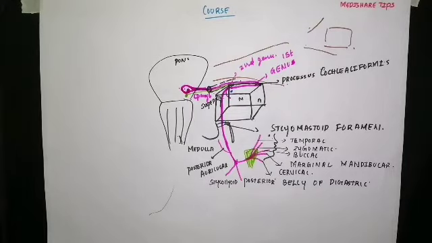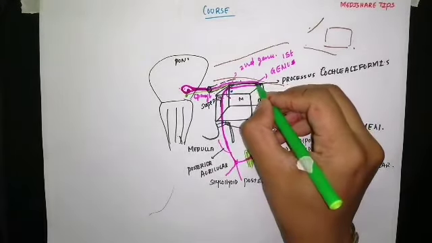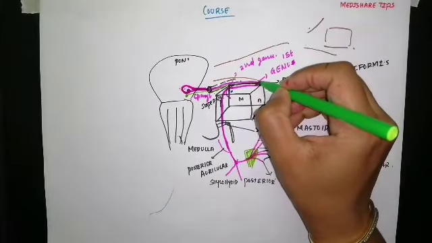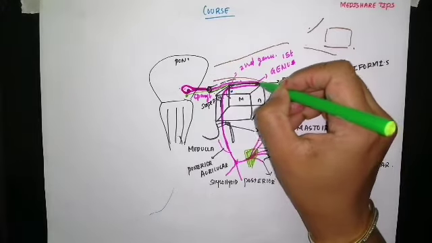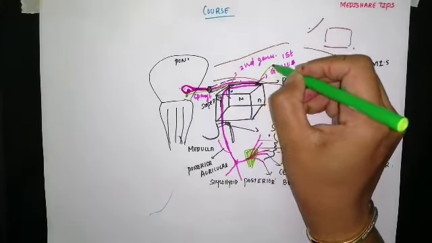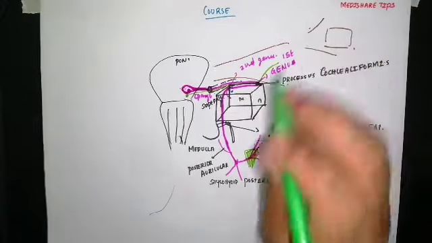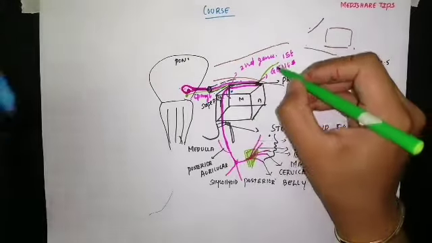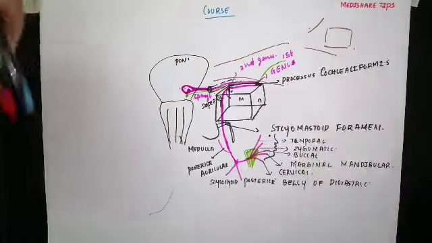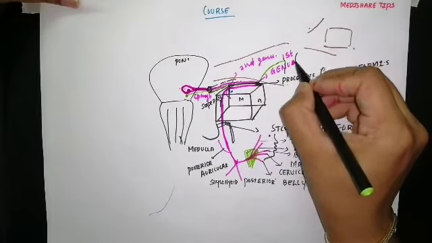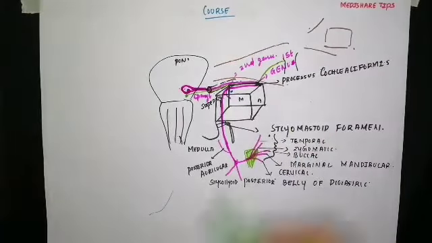One is the lacrimal gland. So the parasympathetic fibers supplying the lacrimal gland give out a branch near the first genu, which is known as the greater superficial petrosal nerve. So this is the greater superficial petrosal nerve, and it enters the middle cranial fossa and passes through a foramen which is known as the foramen lacerum.